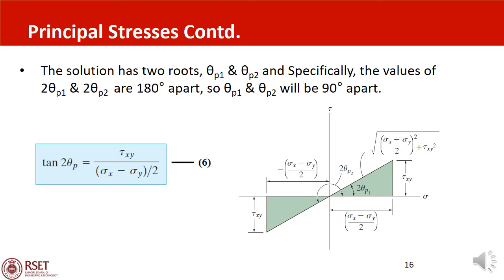The construction of these triangles is based on equation 6, assuming that tau xy and sigma x minus sigma y are both positive, or both negative.